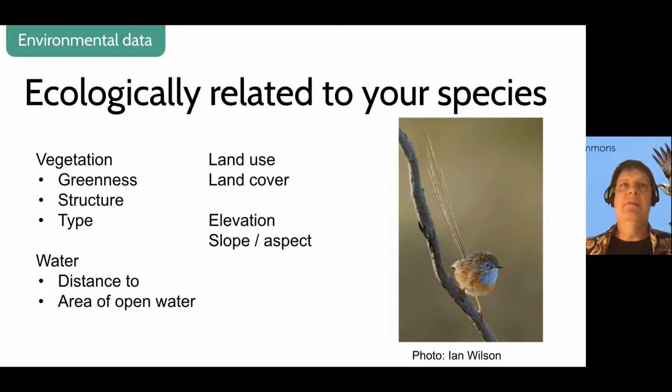You really run the risk of overfitting a model if you're using variables that aren't related to your species, and then when you go to predict somewhere else, your model fails miserably. So one of the key messages of this module is the more related your environmental variables are, the better for predicting species distributions.